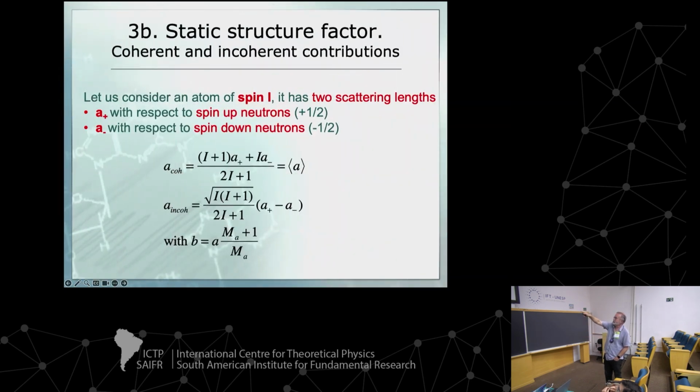If we consider coherent and incoherent contributions, you have to separate spin up neutrons and spin down neutrons, right? So you have an average length that is for coherent terms. That is the combination of momentum, because these particles have spin different from zero. Now, the first one is clear. The second one, that is the difference, is just a quantum mechanical combination, if you recall from Clebsch-Gordan and all these things. And the b is just this a times that, right?